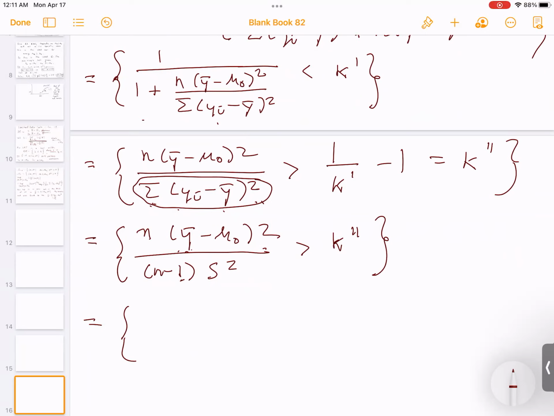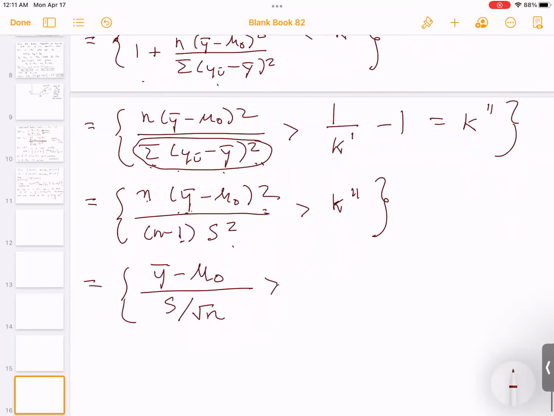So we're going to take the square root and we can clean this up a little when we do. So we have y bar minus mu 0. Square is gone. I'm going to bring this n down here and write s over square root of n is greater than, so I take the square root of this side and I multiply through by n minus 1. I have to take the square root of the other side.